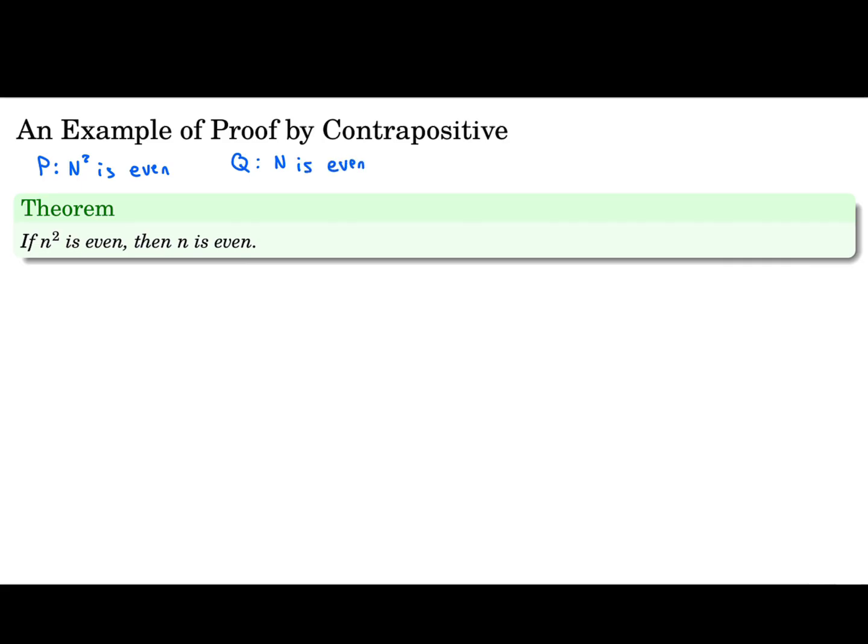And so we want to prove P implies Q. And this is equivalent to the contrapositive, not Q implies not P. So in the proof by contrapositive, we are going to prove this statement, which is equivalent to this. So this will be true if and only if this is true, right? Okay, so now it's essentially a direct proof on this statement.